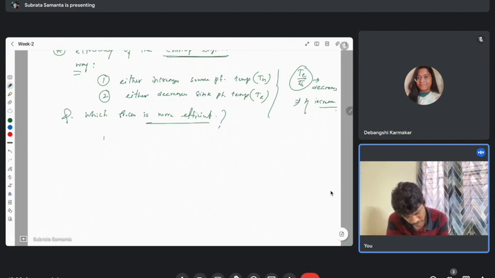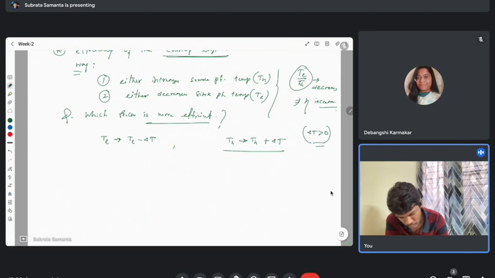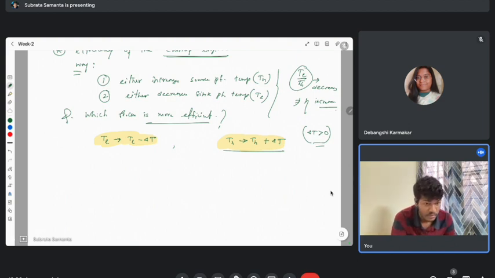One process is TL to TL minus delta T, and another process is TH to TH plus delta T, where delta T is positive, greater than 0. So there are two ways, one this way, another that way. Which process is more efficient to increase the efficiency?